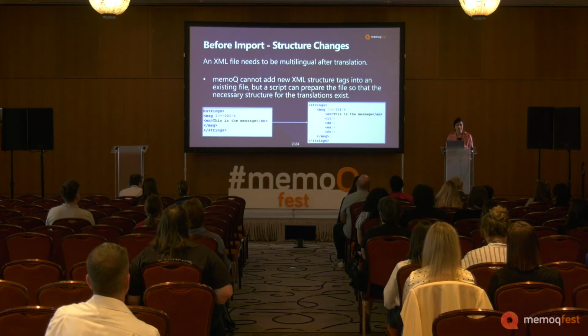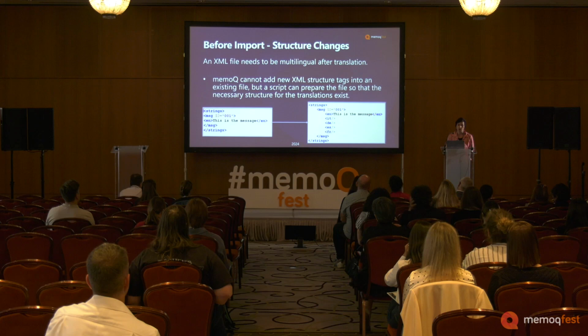It cannot create these tags for you because it doesn't know how they should be named. XML is notorious for you can name your own tags as you like. There is no standard. So how should memoQ know? Which means we have to prepare the file. We have to run a script to add these language tags so that memoQ knows where to put the translation into. So that would be another way where you could use a script.